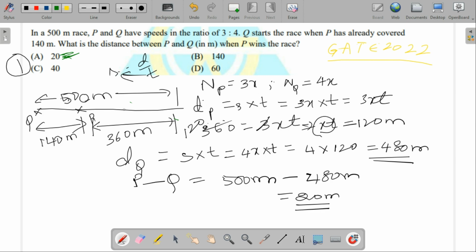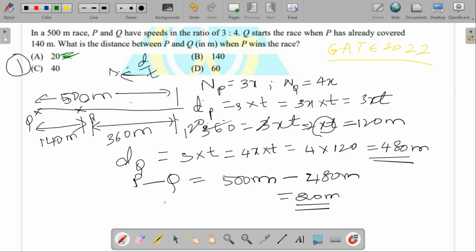So putting it all together, for the 500 meters race, P has already covered 140 meters. So we just have to find the difference between P and Q when P has already completed the race. So for that, we first took the distance traveled by P. We get an expression from here, xt is equal to 120 meters.